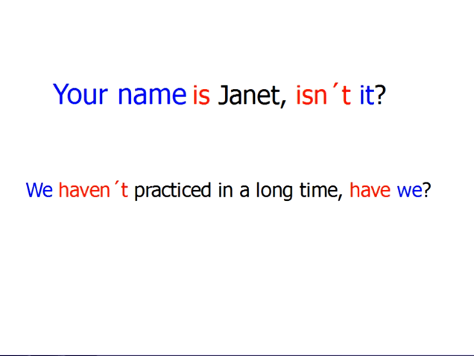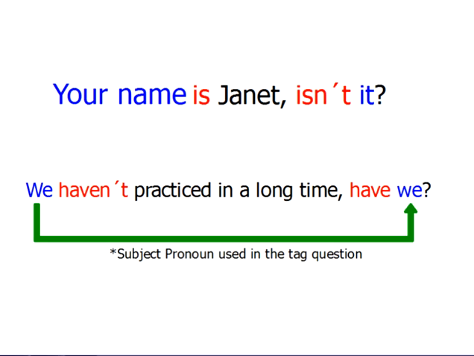Let's take a look at a second example. Here we have the sentence, we haven't practiced in a long time, have we? In this example, I'm using we as my subject, and I'm going to repeat that in my tag using the same subject pronoun. In this context, my auxiliary verb is haven't, right? It's not the main verb.